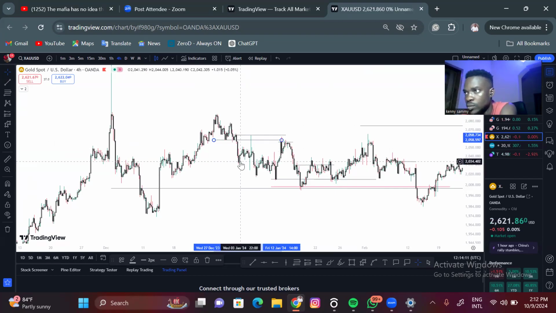Then when it created a lower low, we have a support level here. Before it created this lower low, this support was supposed to push it up to create the higher high, but no, it got broken.